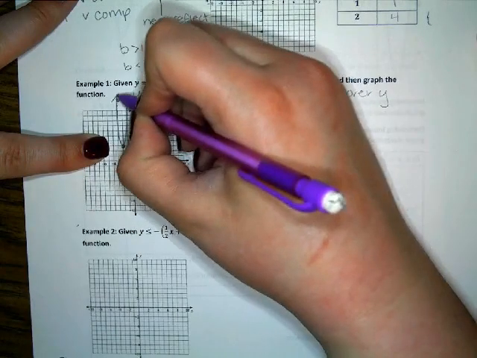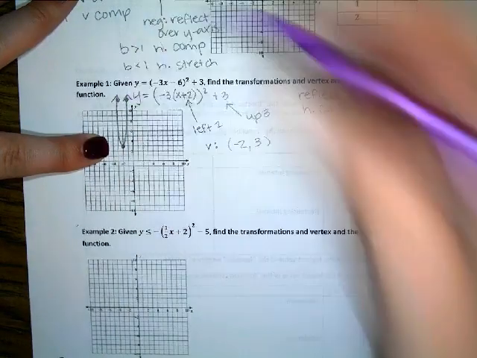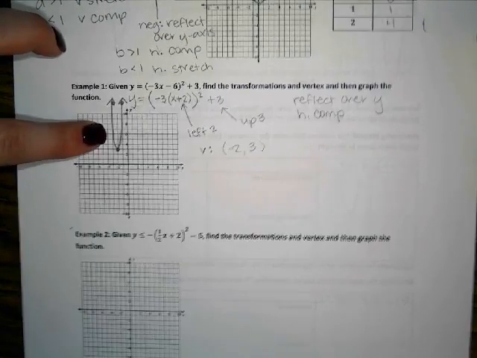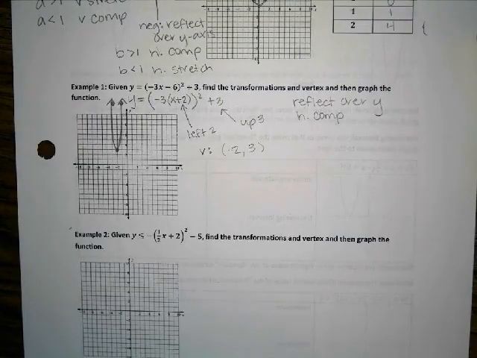So if we think about what transformations we had, why would it make sense for that graph to be really skinny based on the transformations we had? It's this one right here. What does that mean?